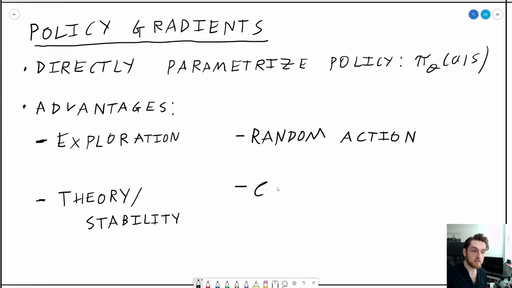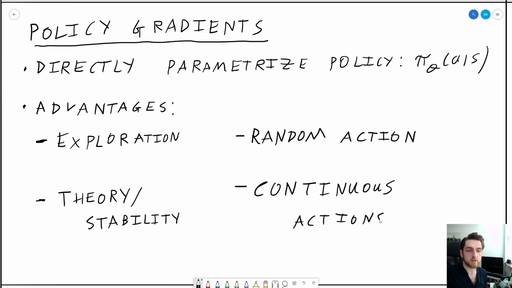A final use is that they very easily handle continuous actions. If you were to try and handle continuous actions using a value-based approach, where you pick the action which maximizes the value function, then every time you sample a continuous action from that policy, you have to maximize a function, which isn't a simple task.